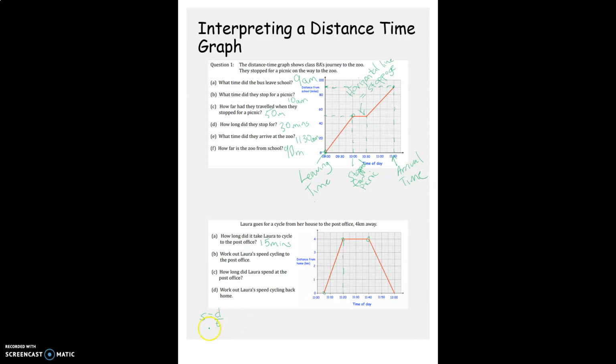For this one, we have 4 kilometres over 15 minutes. It might be easy for us to express this as 4 over a quarter, or 0.25. When we do that, that will result in 16 kilometres per hour.